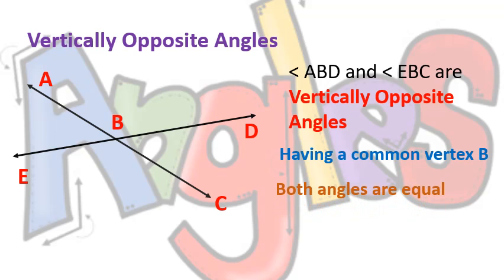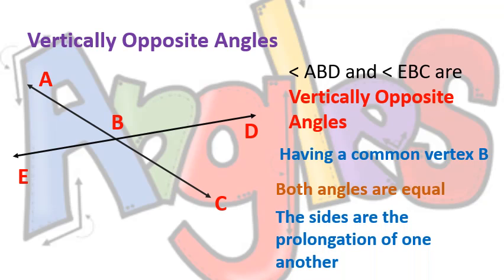And both angles are equal. What do you mean by both angles are equal? So, if this angle is 110 degrees, for example, this opposite angle should always be equal to 110 degrees. If this angle, for example, is 120 degrees, this opposite angle should also be 120 degrees.